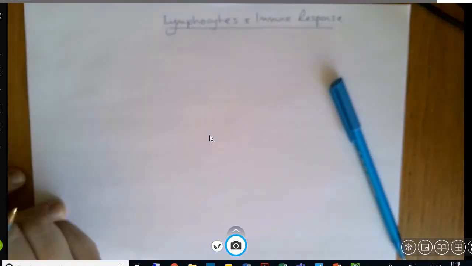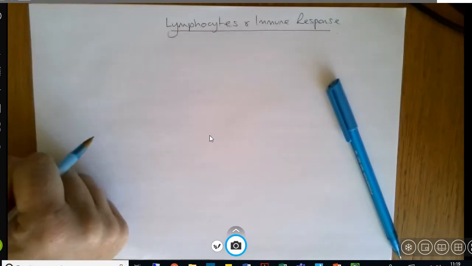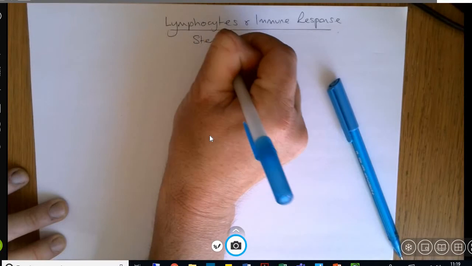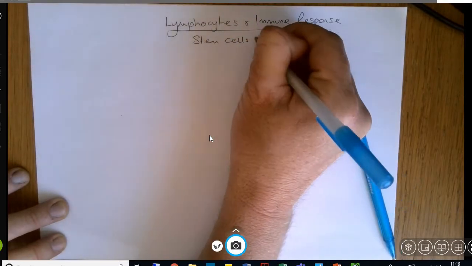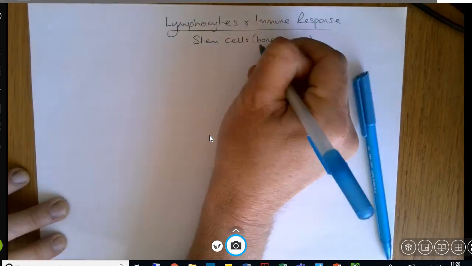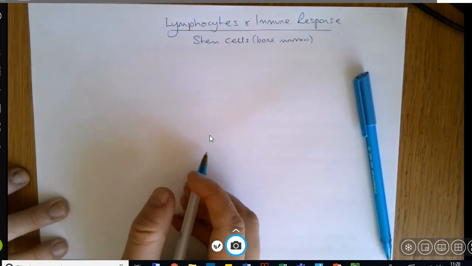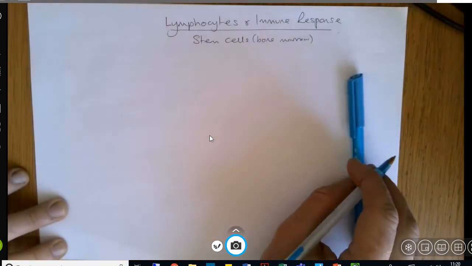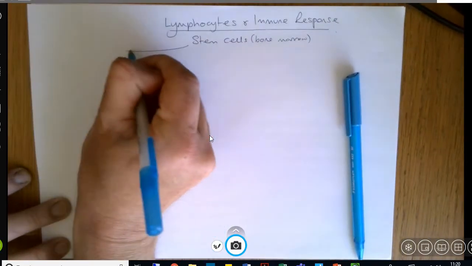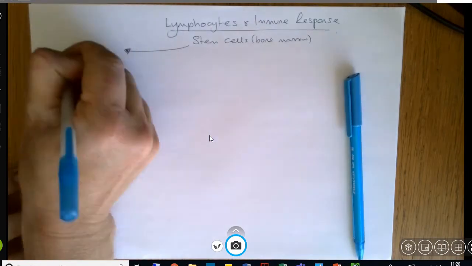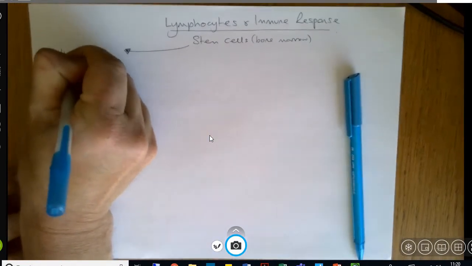Now, as we know, all cells begin life as stem cells, and we're talking about stem cells here in the bone marrow. But where these cells mature is where they get their name from. On the one hand, we have the B lymphocytes.